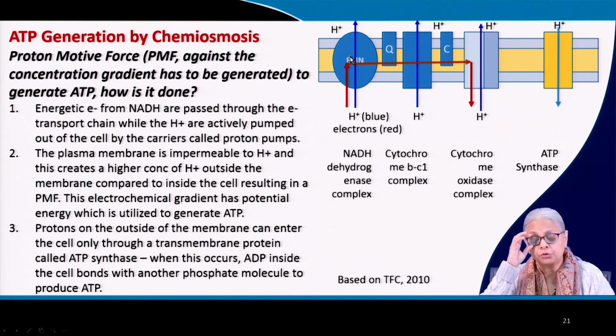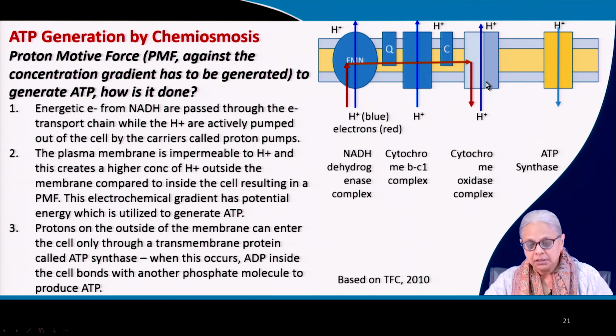They are being passed from one complex to the other, and eventually, for let's say aerobic heterotrophic bacteria which have an organic compound as a substrate and oxygen being converted to water, oxygen is the final terminal electron acceptor.